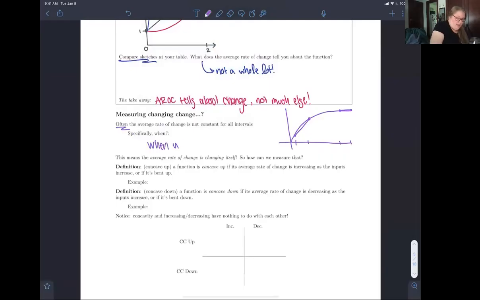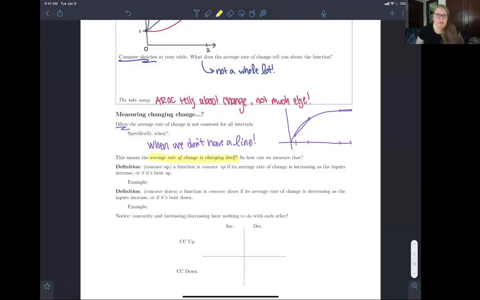When we don't have a line. And that's pretty often. So we want to be able to talk about this change as well, just like we talk about increasing, decreasing. So that means we have some kind of average rate of change that is changing itself. And how do we measure that?